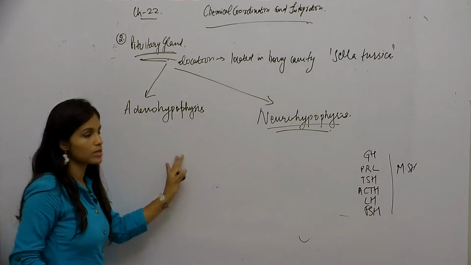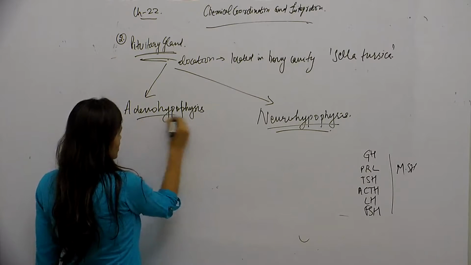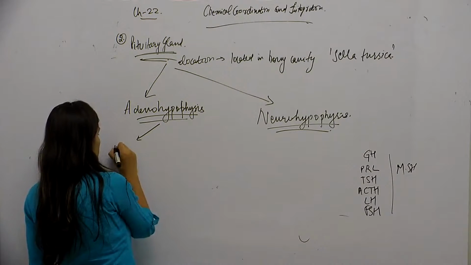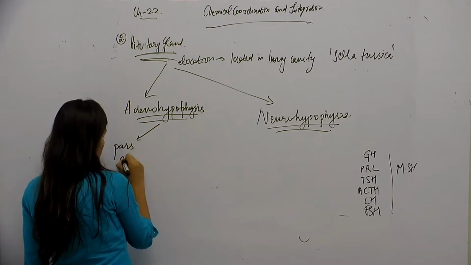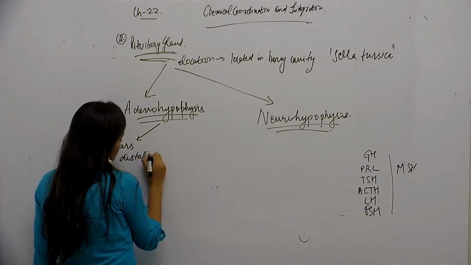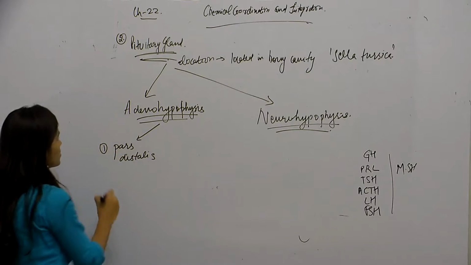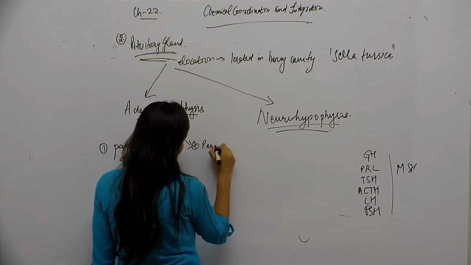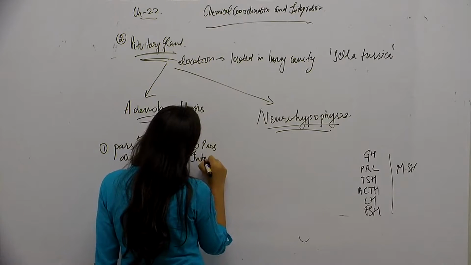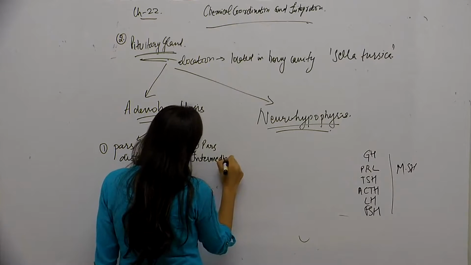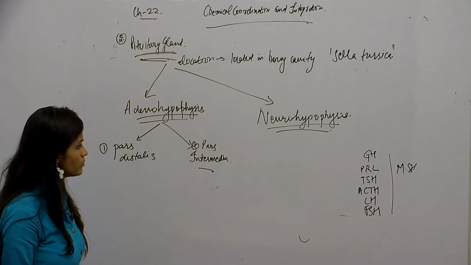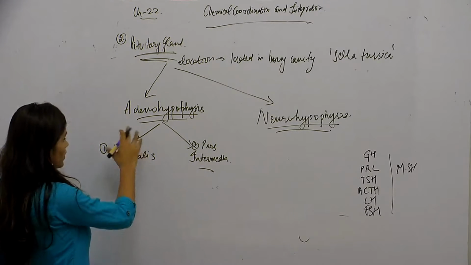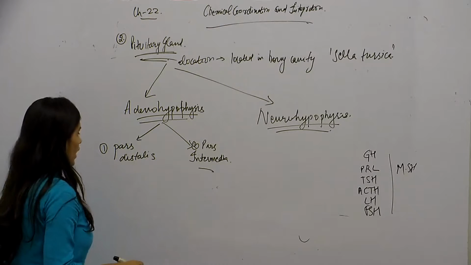The adenohypophysis has two divisions further, which are the pars distalis and the pars intermedia. The adenohypophysis is also known as the anterior pituitary.